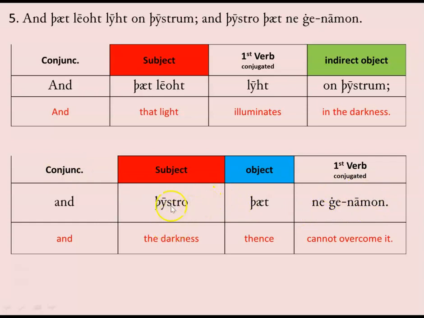Now, the subject, the darkness, is in the nominative here, then that is the object, and Yanamon. Now, I do wonder if perhaps it simply should be that Yanamon, thence, modifies the verb, but it looks like an object. So this clause here is behaving like it's a subordinate clause, or secondary clause, or dependent clause, because a verb has been thrown to the end. An odd thing, but we'll see another interpretation of that later on.